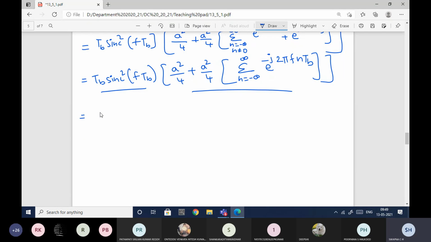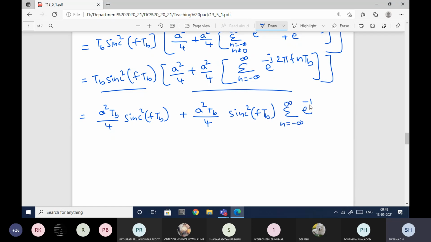So this will be equal to A square Tb by 4 sinc square(fTb) plus A square Tb by 4 sinc square(fTb) into summation n equal to minus infinity to plus infinity e power minus j 2 pi f n Tb. This is the Sx of f. Still further simplification is possible.